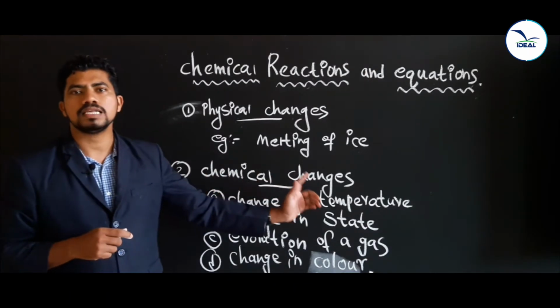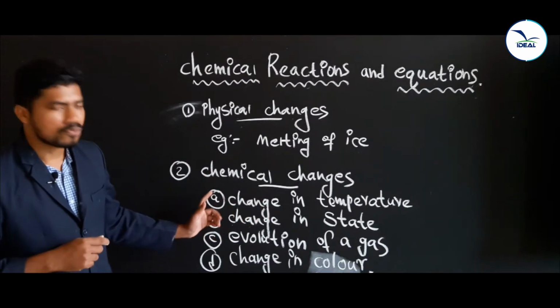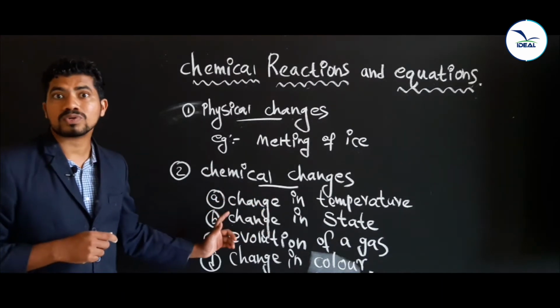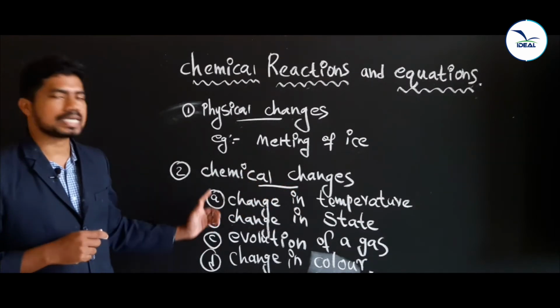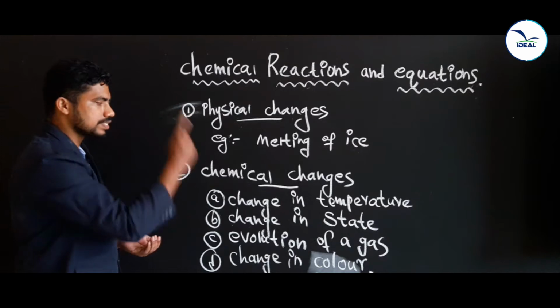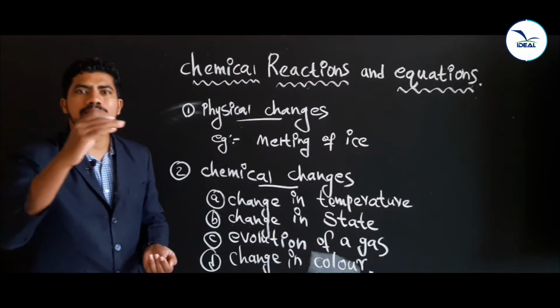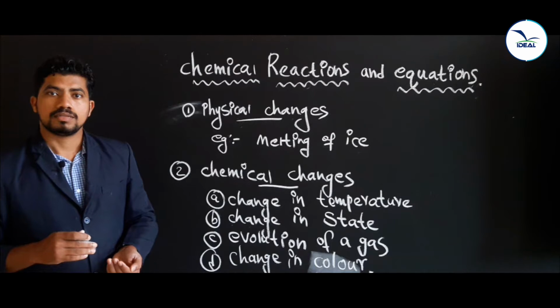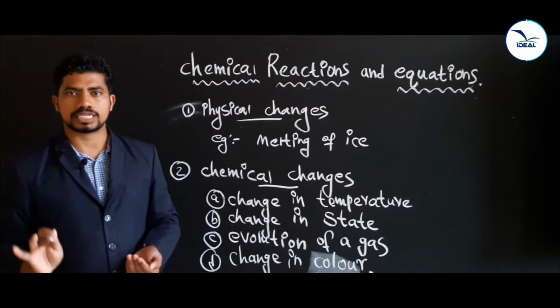It is chemical changes. Actually, in a chemical reaction, we have four characteristics or four situations. The first condition is change in temperature. In a chemical reaction, there will be an absorption of heat energy or evolution of heat energy.